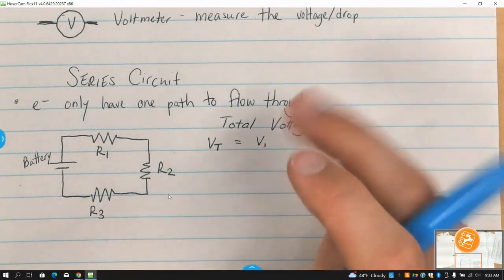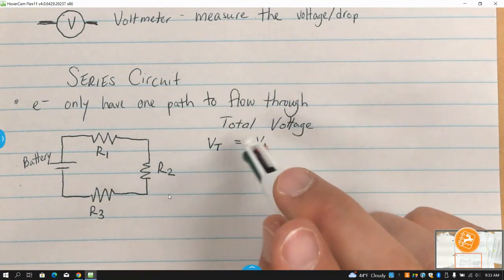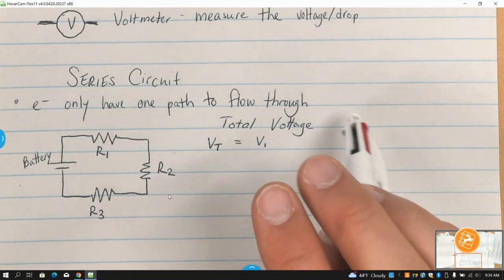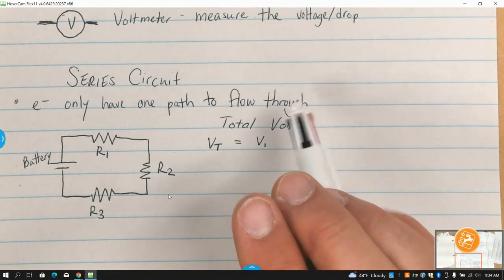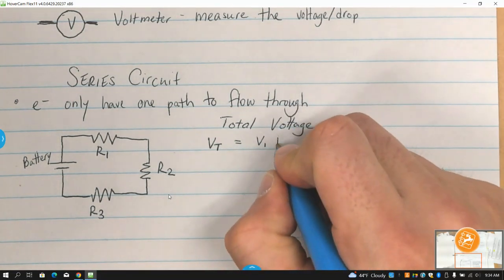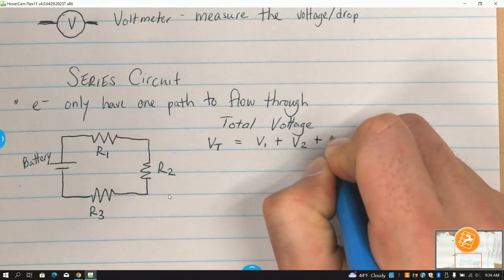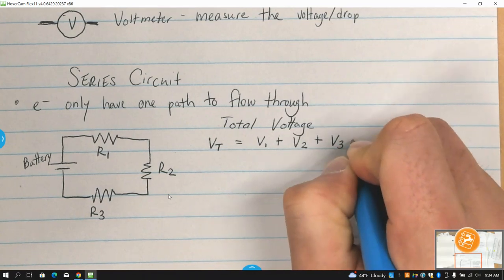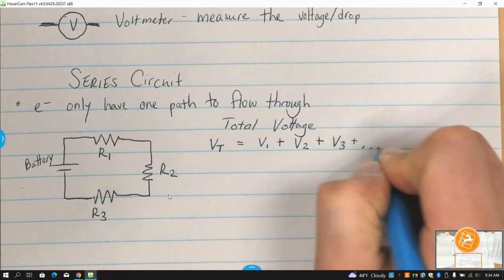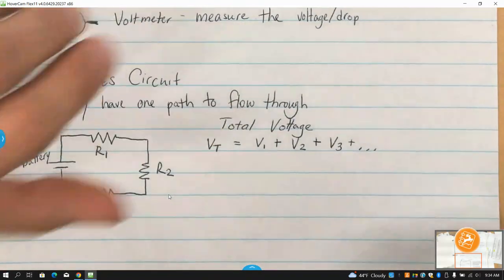Think about a voltage drop as the amount of voltage that's getting used across each resistor. So that would be V1 plus V2 plus V3 plus, etc., however many there are. If there's only two, then you only need to do it for two. If there's more, you have to do it for that.